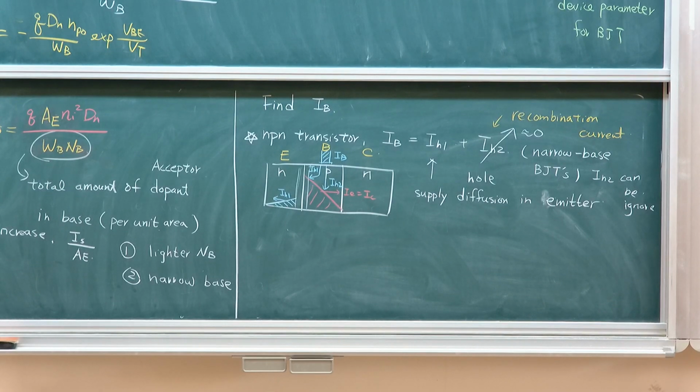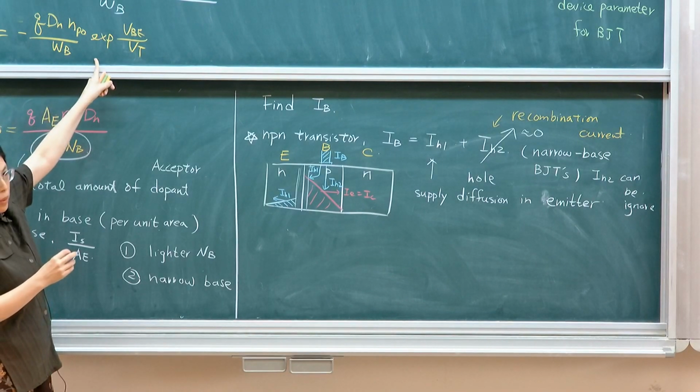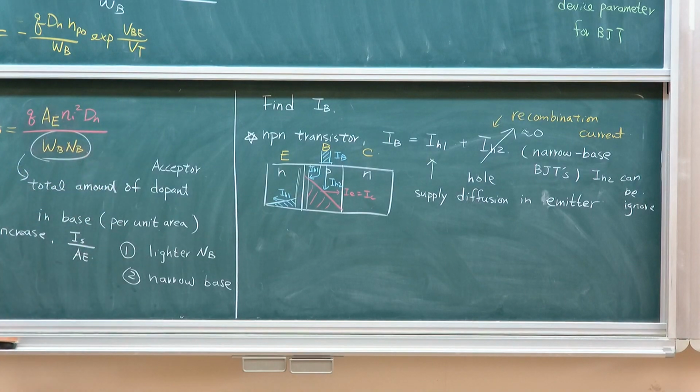You start with, because the forward bias p-n junction will raise both sides by the same factor, because I'm forward biasing the p-n junction, right? So the raising ratio is the same. So the way of controlling the two is by what? Controlling what? I hear something. Doping. Yes, correct.